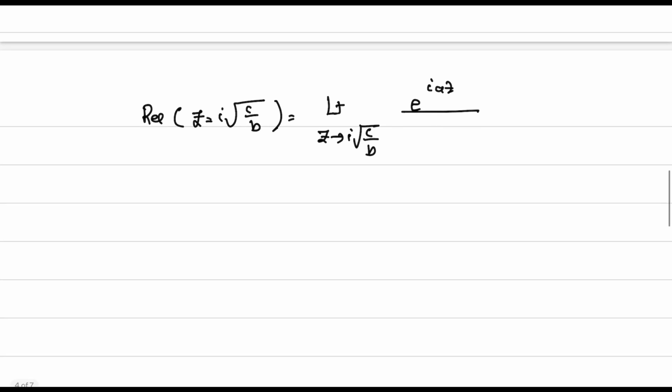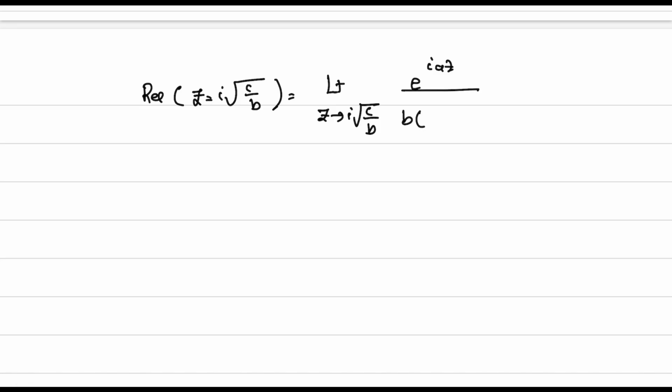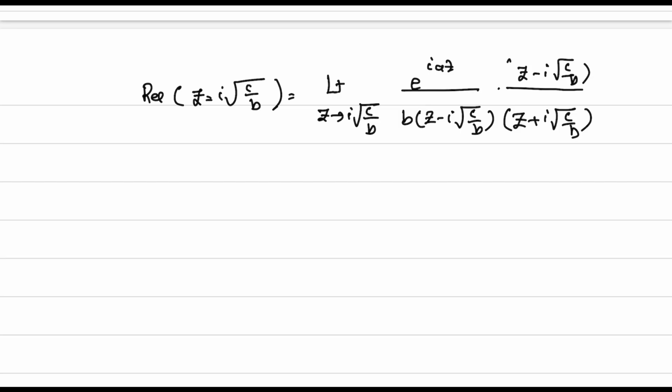Differentiation and limit don't make any difference. z tends to i into square root of c by b of e to the power of iaz by b into (z minus i into square root of c by b)(z plus i into square root of c by b), into, because we are dividing and multiplying with z minus i into square root of c by b, so that you will get a reasonable answer.